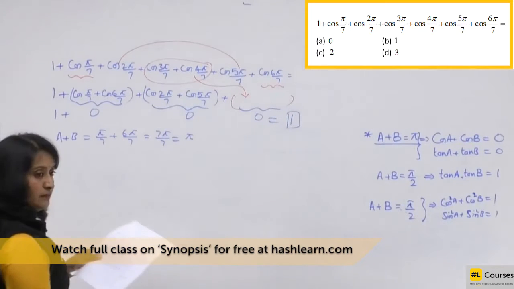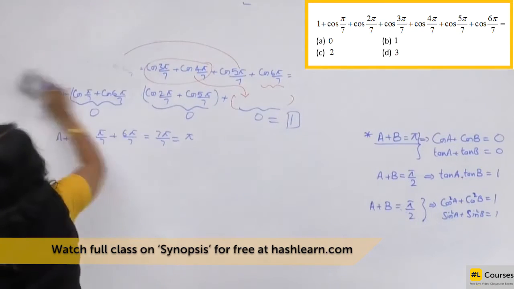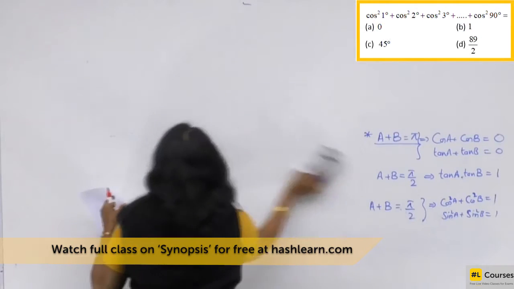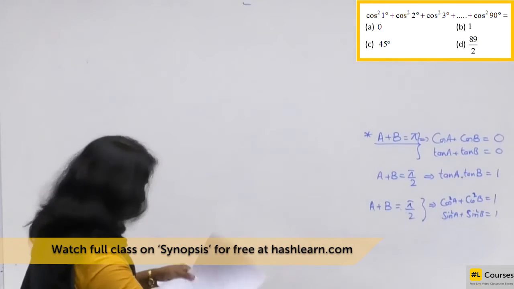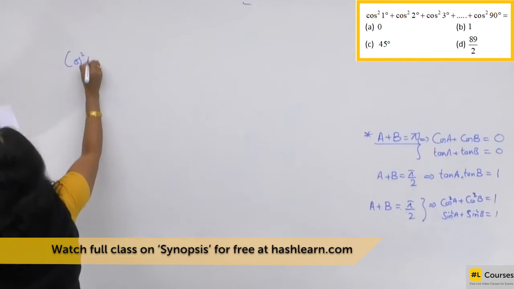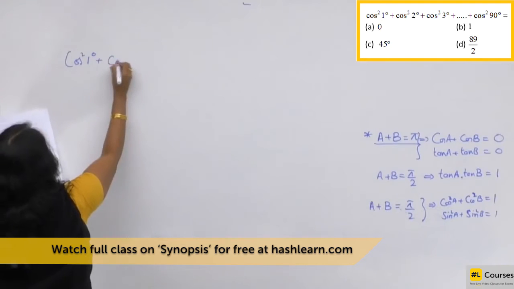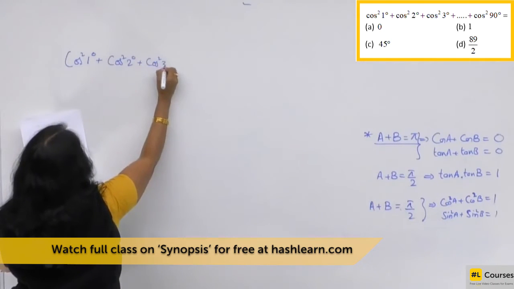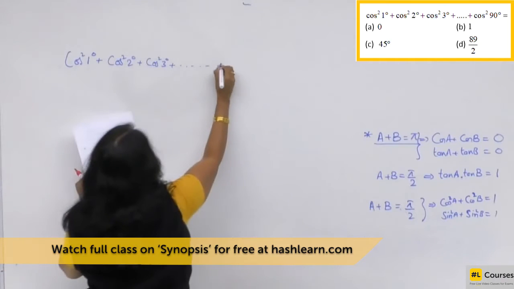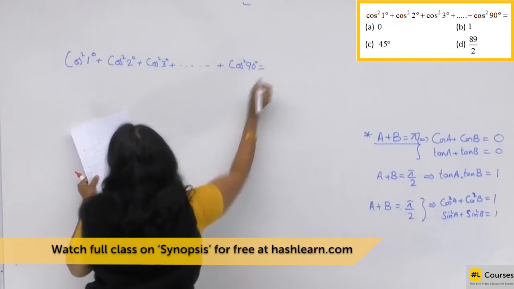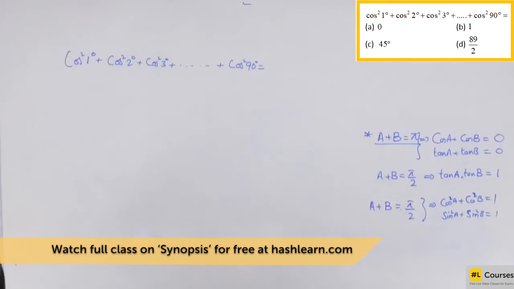The next question is cos square 1 degree plus cos square 2 degree plus cos square 3 degree and so on, plus cos square 90 degree. What is all this equal to? As you see, the question is once again so huge, but it is very simple to do with a little tactic.